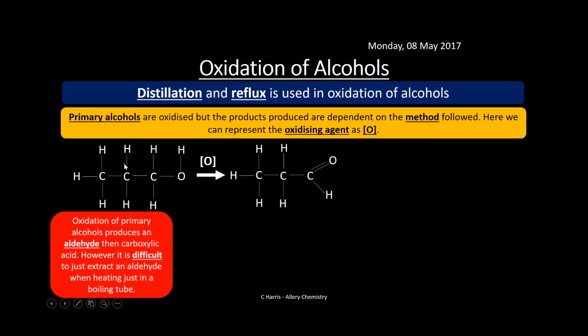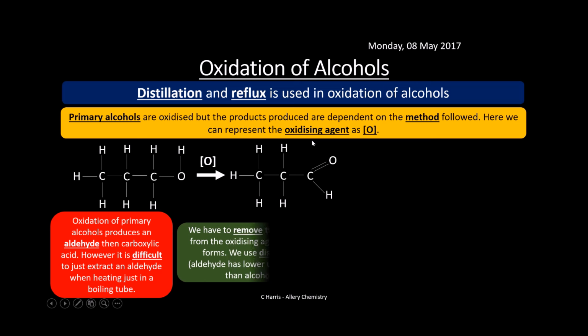So here's our primary alcohol. If we oxidize it, we can get an aldehyde. Now the problem is that if we oxidize it strongly, we also get a carboxylic acid. And it's difficult to just extract the aldehyde when we're just heating in a boiling tube. So we need an alternative method.